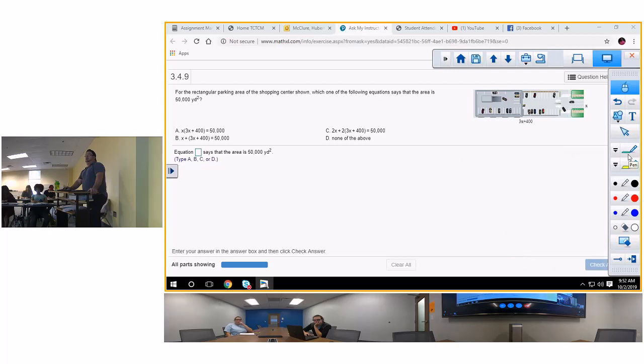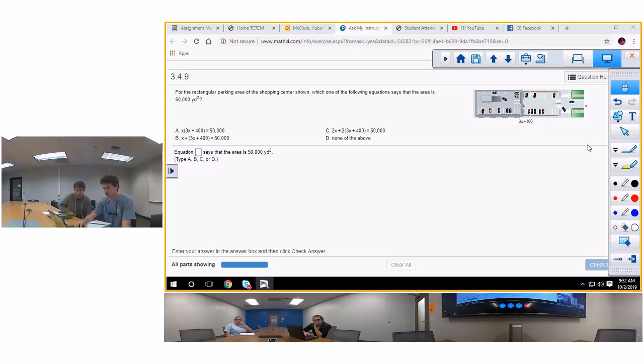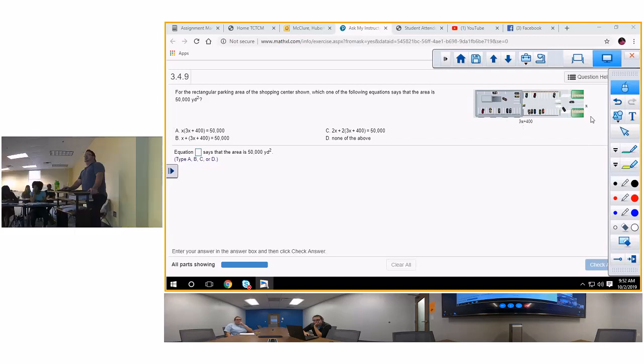Okay, 50,000 square yards. Well, you're going to have to take this times that, but it looks to me like you've got some areas that are not parking lot. That part right there is not parking.